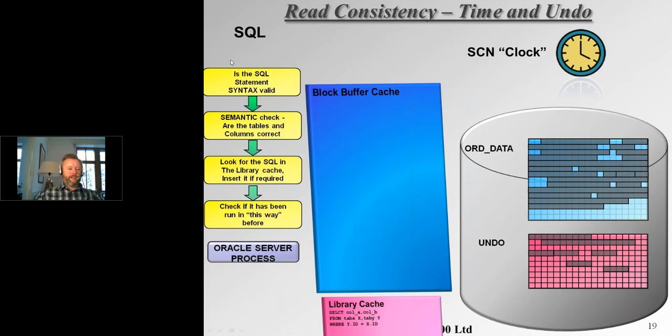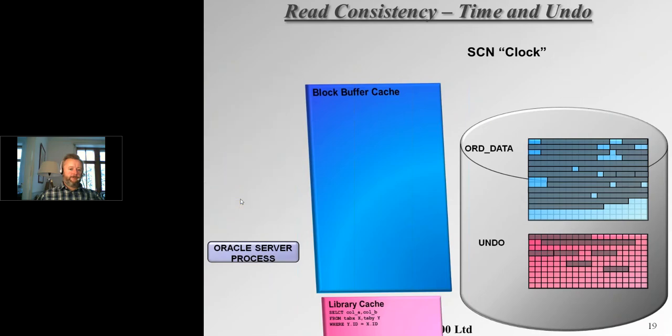So you run your SQL statement, it gets parsed, etc. And the very second that it runs, the Oracle server process grabs the SCN at that time. In this case, it's 45678. It then starts collecting data. This arrow is not showing it, by the way, an order within the block buffer cache.